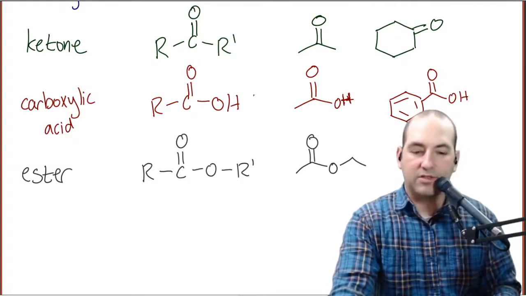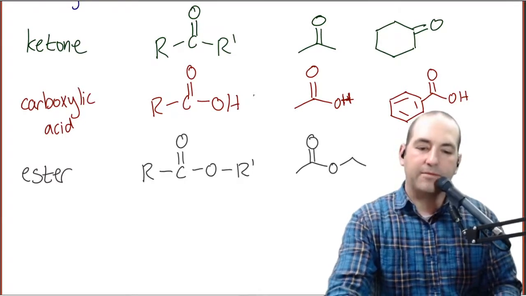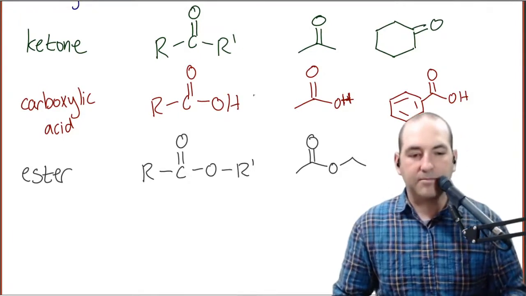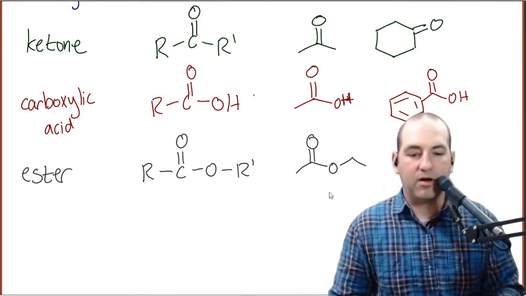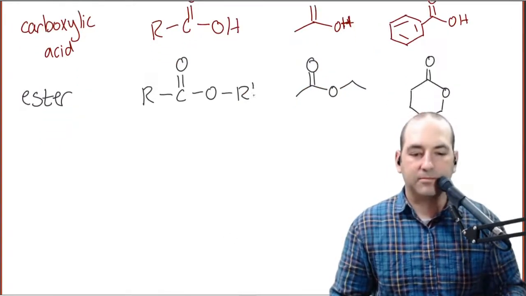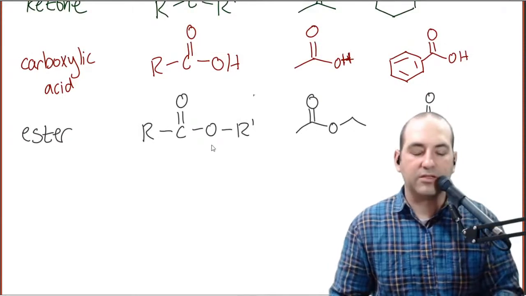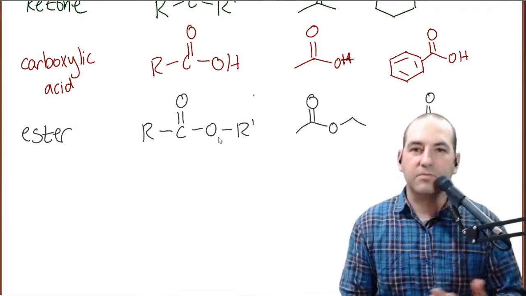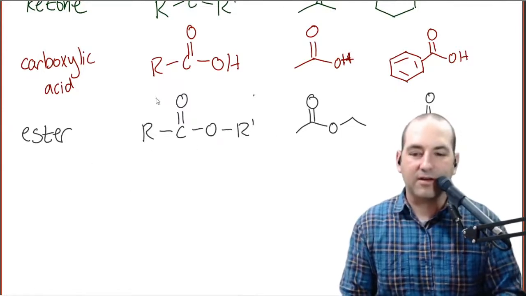You could also have this one inside of a ring, which is sometimes called a lactone, but you don't have to know that, so I'm not going to write it down. But something like that would be an ester. This is an important part of a lot of biological molecules as well. And esters tend to be good smelling. So a lot of the fruity smells, minty smells, things like that are often esters.